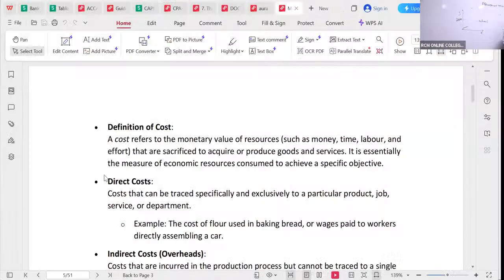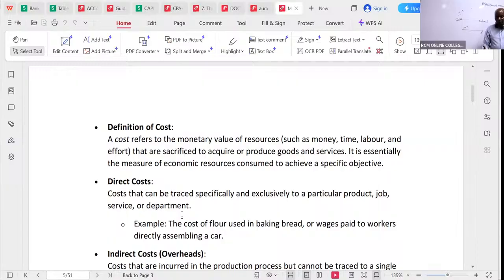I hope you're able to follow so far, right? Costs that can be traced specifically and exclusively to a particular product, job, service or department are what we call direct costs, like the cost of flour used in baking bread. The more loaves of bread we bake, the more flour, isn't it? Or wages paid to workers directly assembling a car.